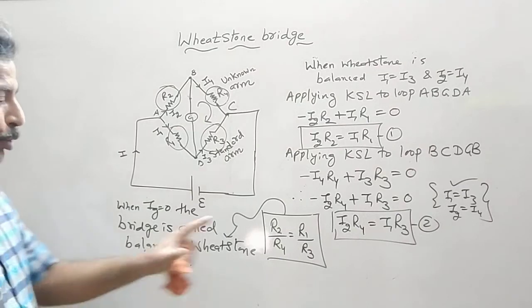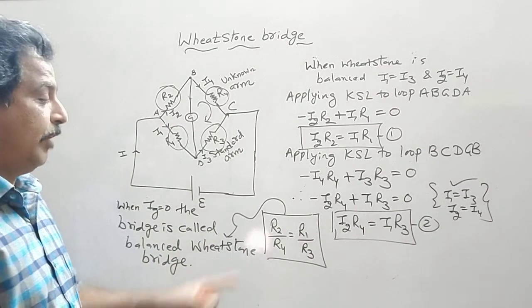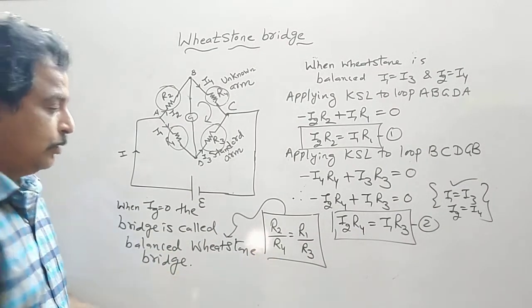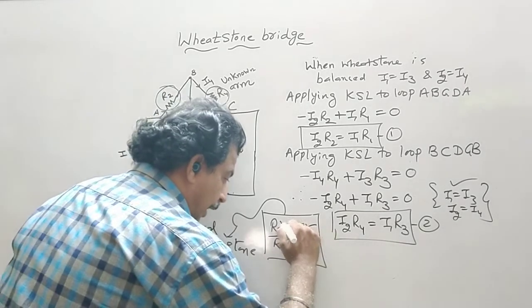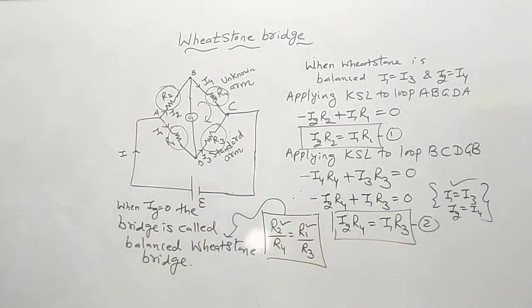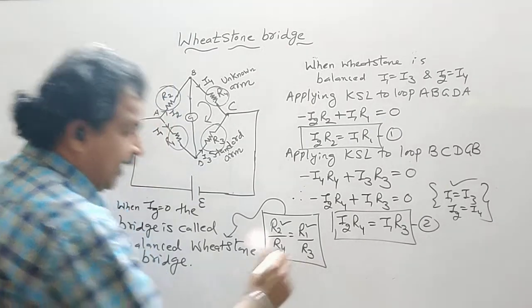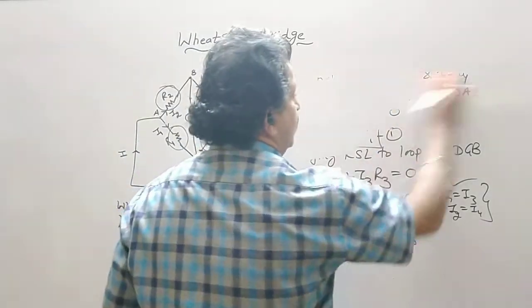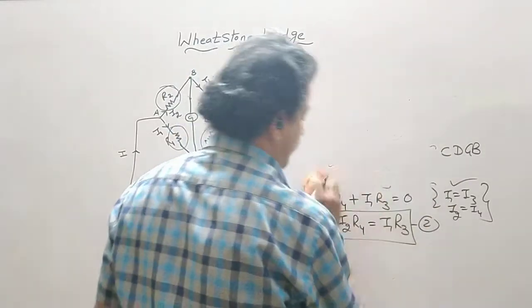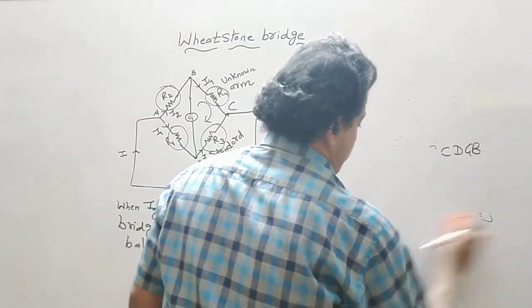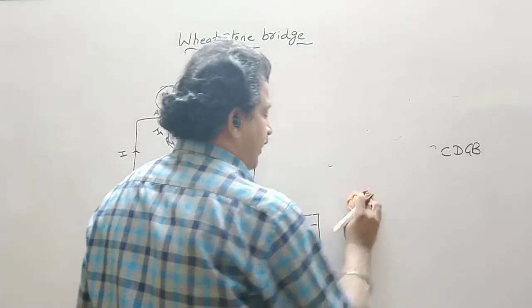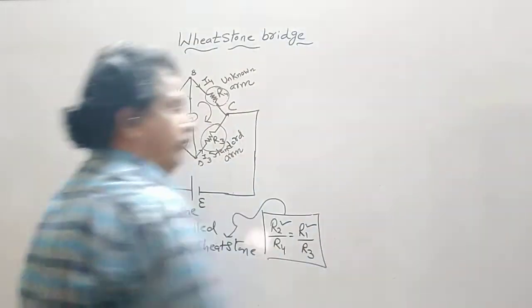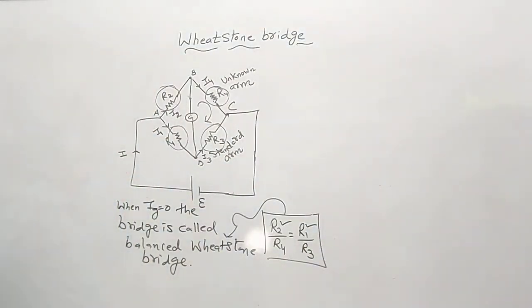Now, how it is used to find out the value of unknown resistance. R1 and R2 were fixed. R3 was selected or adjusted. Actually we will connect a resistance box there. A resistance box for the time being is a variable resistance. You can vary the resistance from the resistance box.